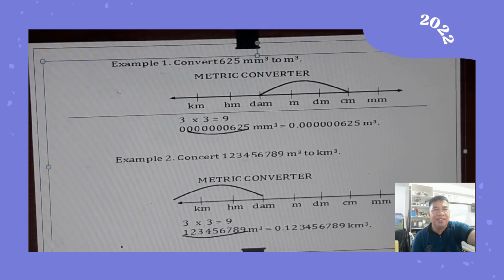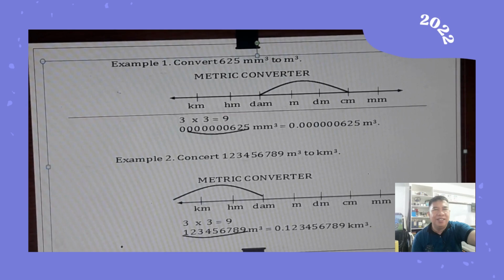We need to correct this later. So again, from millimeters to meters, we have 3 movements to this. There's no problem about this. It's only for the representation or the illustration.